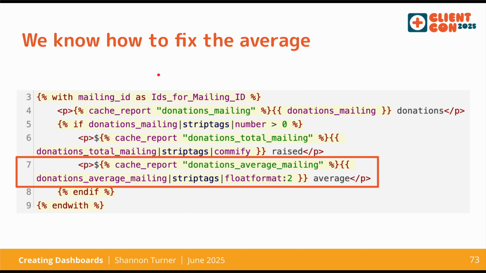To fix the average, we've seen this construction before. We know how this works. We use cash report so that we can get the snippet for donations average mailing. Then we can apply strip tags, and then we can use float format to remove the excess decimal places. And you could also say float format 0 if you wanted to round it to dollars instead.